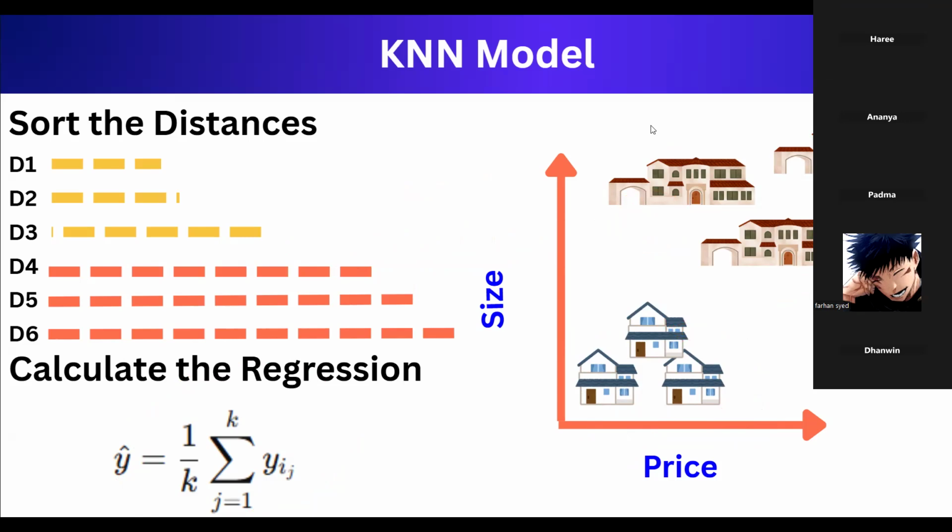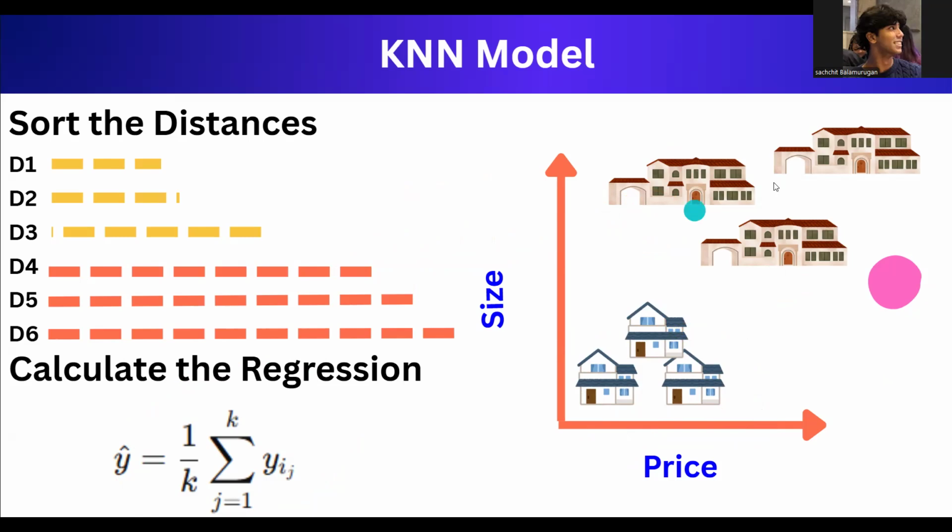Glad this makes sense. So now let's learn why we use regression versus classification. We can use the same data set for classification. For example, if we wanted to know if the house is a mansion or not, then what would we do? We would use classification.